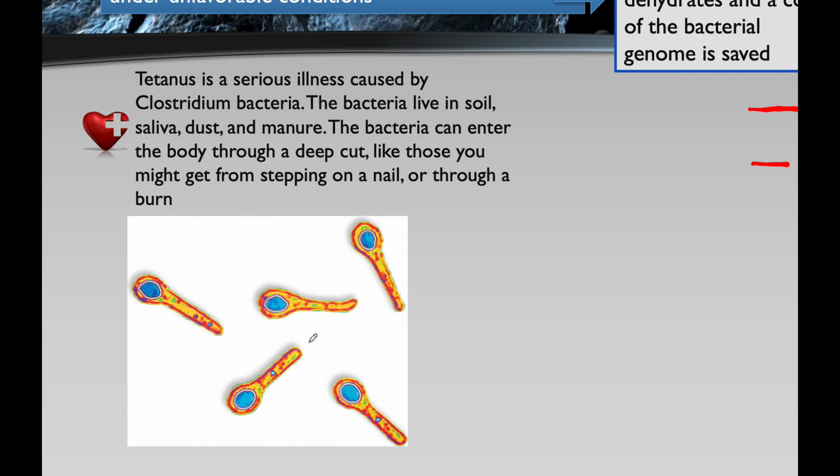Normally this family, they're going to live under anaerobic conditions, which means that they don't like air very much. But if they find a way to get inside your body, so let's say that this is a spore, and you step on a nail, it goes in your foot, and suddenly it has this warm liquid medium around it.